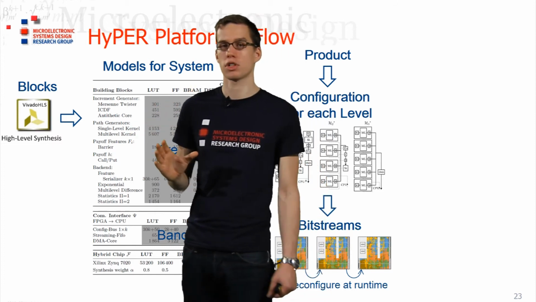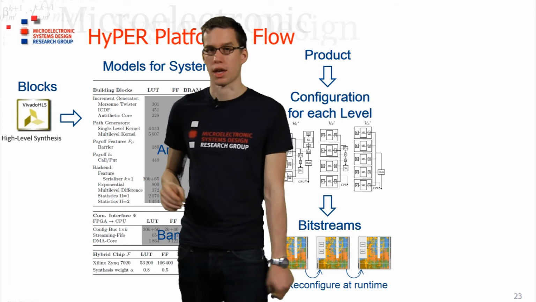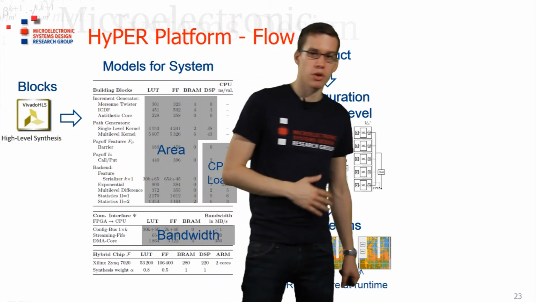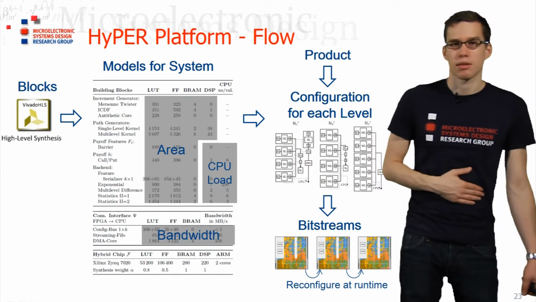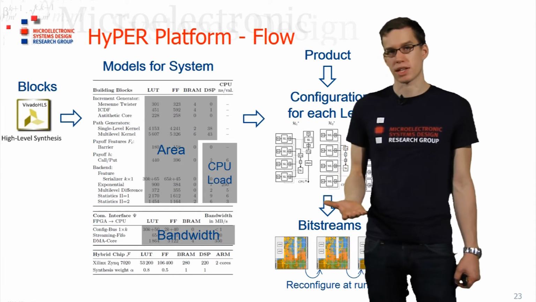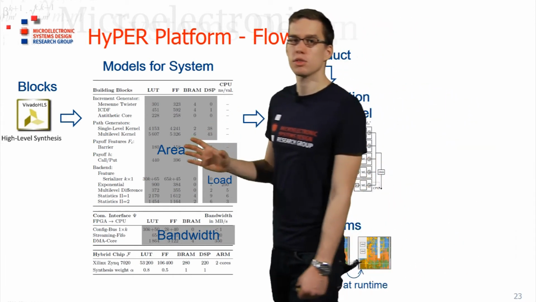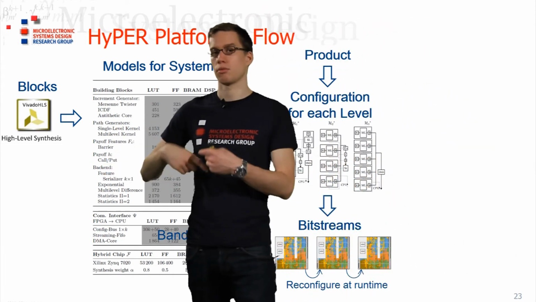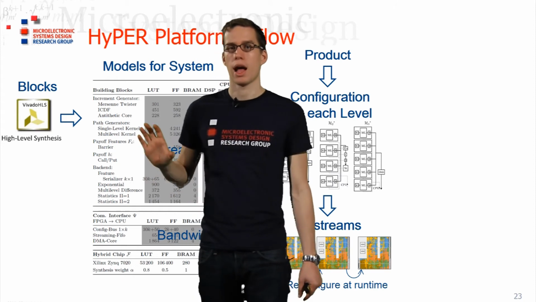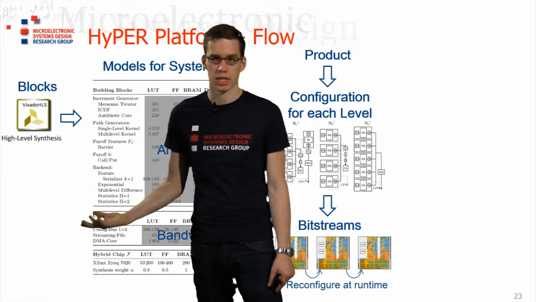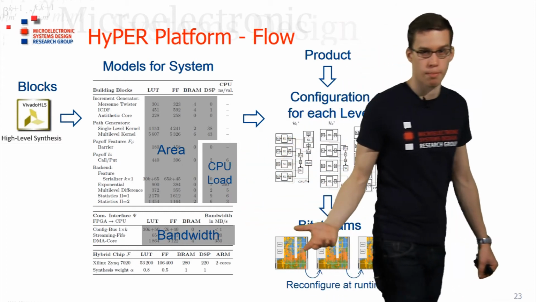A known HLS project, a known block on the FPGA. And also, you know that HLS uses C++ code. So we can use these cores directly, or we can write a different code if we want, and run that on the CPU. The same code, the same block.